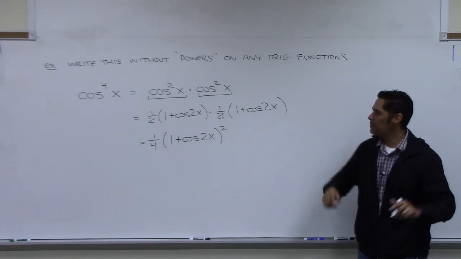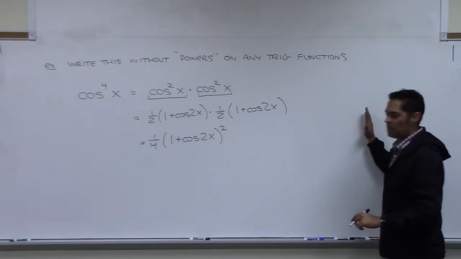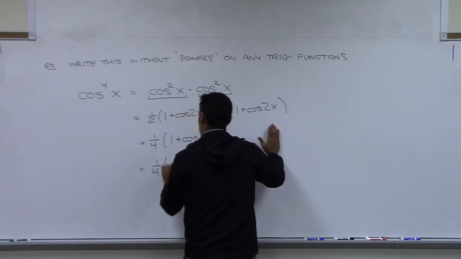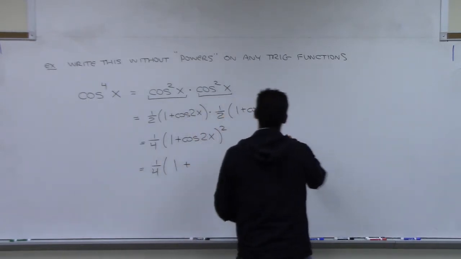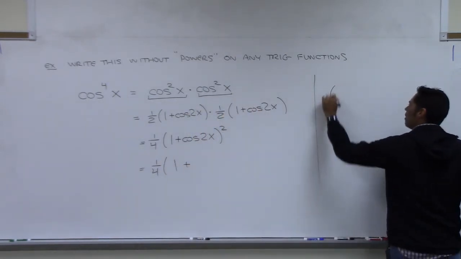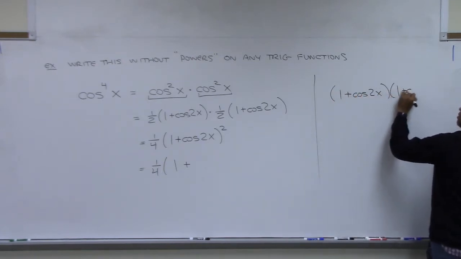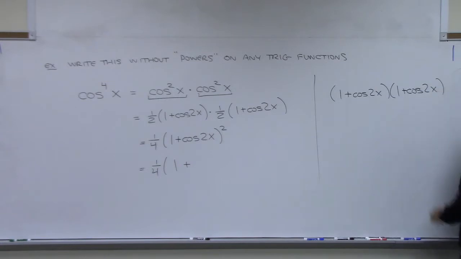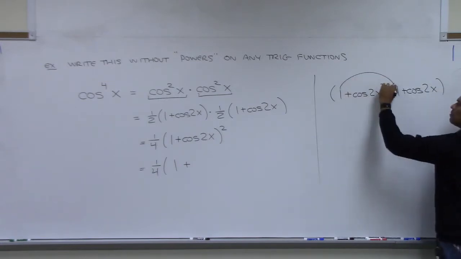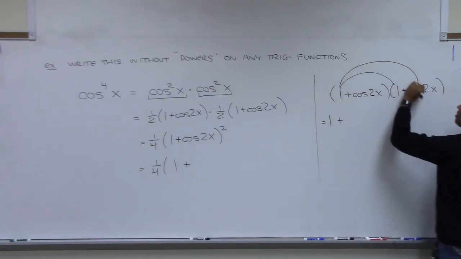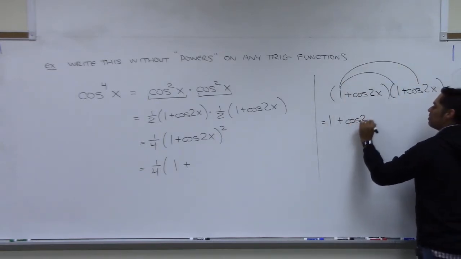FOIL. Should I show it on the side, or you think you can follow me through it? Let me write it down first, and then you can tell me whether or not you... No, I'm going to write it. It's our first one. Okay, I'm doing 1 plus cosine 2x times 1 plus cosine 2x, right? That's what I'm about to do? Okay, 1 times 1, 1. Plus 1 times cosine 2x is cosine 2x.